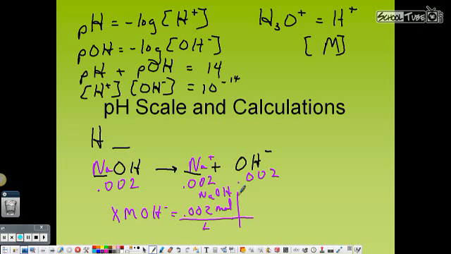Mole-to-mole ratio. It's the mole-to-mole ratio. 1 to 1. And that's what you're seeing on the sample problems that work with it. You see that they're doing the mole-to-mole ratio here of 1 mole NaOH to 1 mole OH minus.